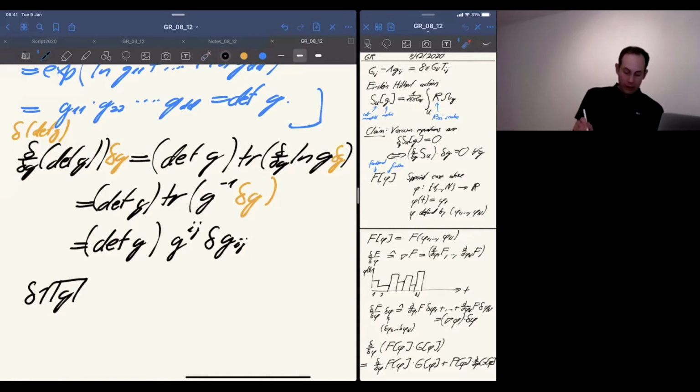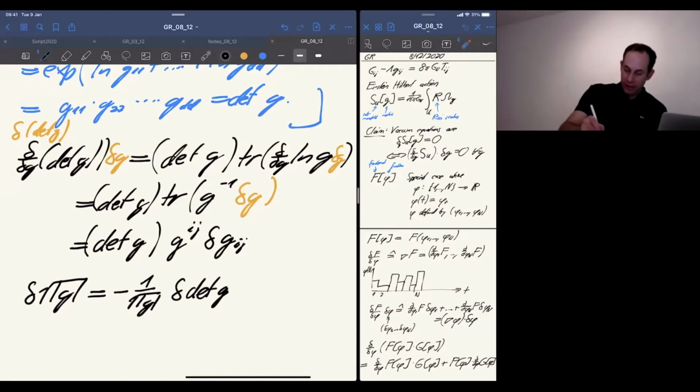Now, the square root of the determinant of G, again, just apply the usual chain rule. So we first have to take the derivative of the square root, which is this. And then the inner derivation is just the derivation of the determinant of G. But now I'll do something here. I'll write here just determinant of G without an absolute value.